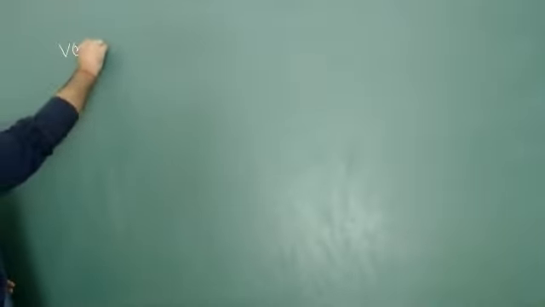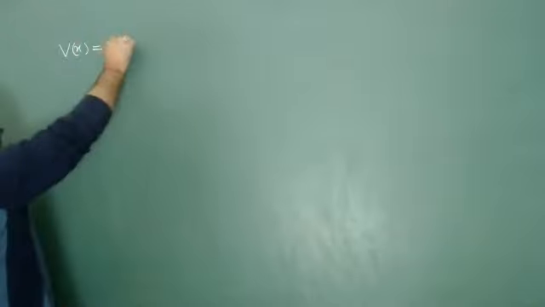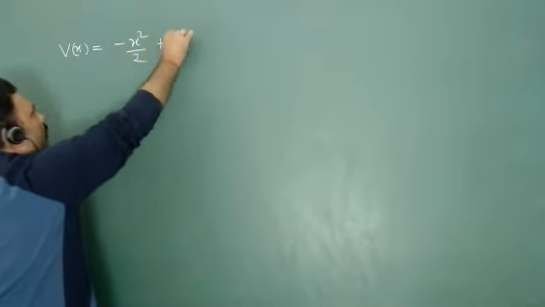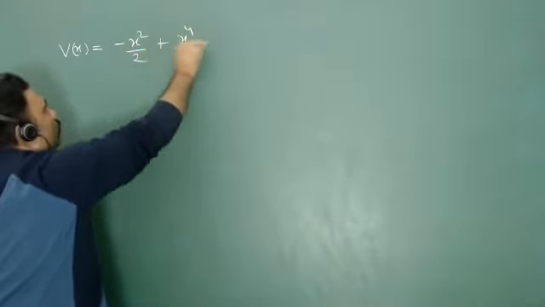Okay, so let's go for another potential, and this potential is again a very nice one. We have Vx equal to something like minus x square by 2 plus x⁴ by 4.